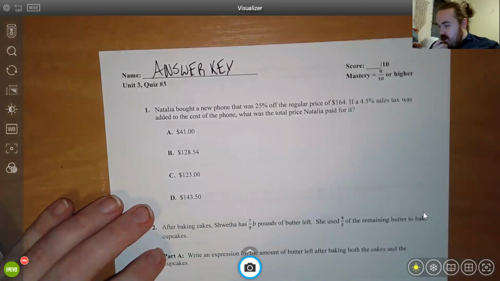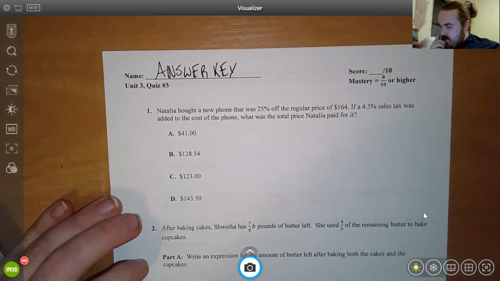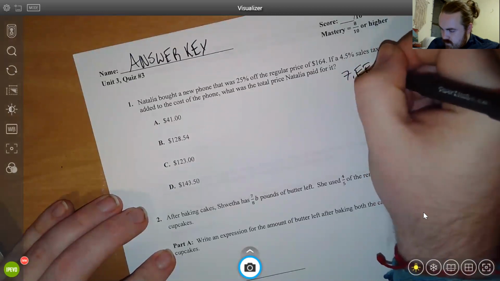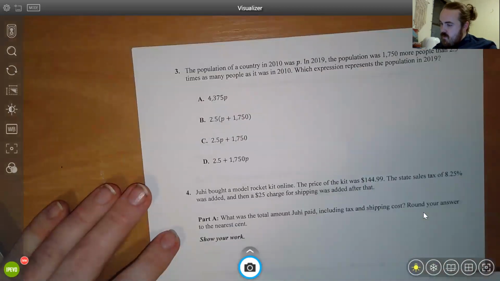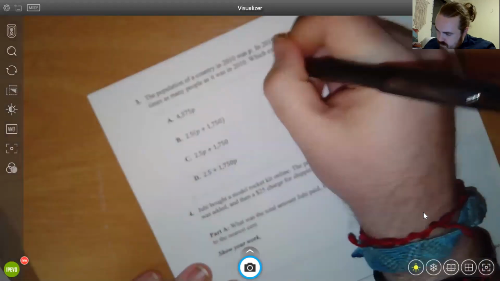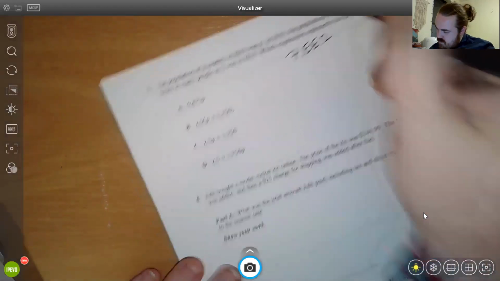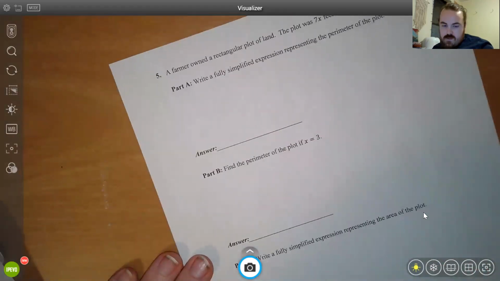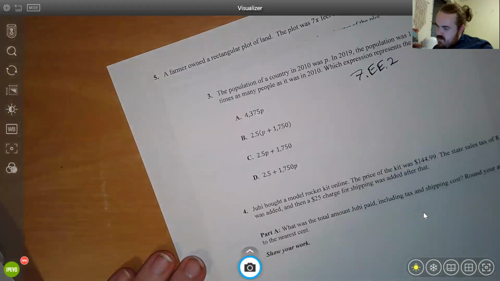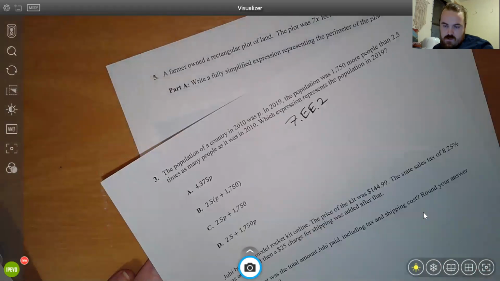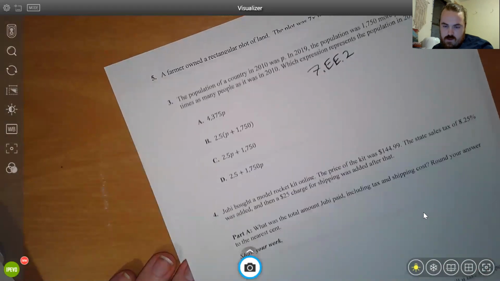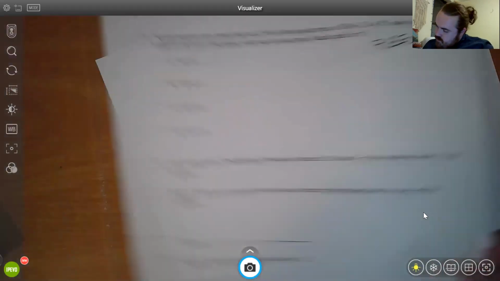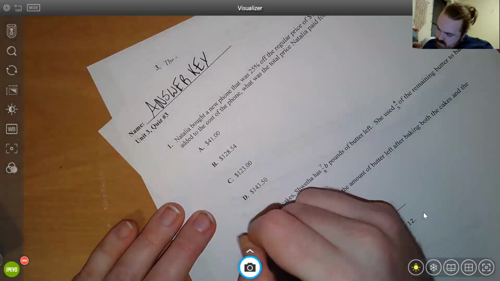Again, I'll identify which questions are which. This is a 7.EE.2 for sure. Also 7.EE.2 for sure. I think this one's 7.EE.3, both parts.